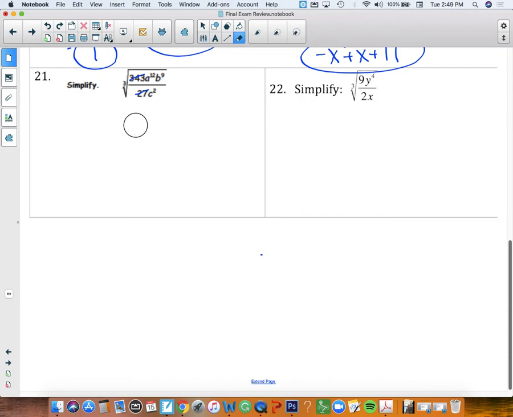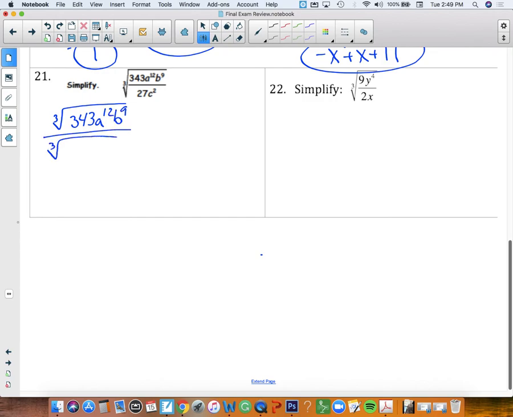Oh, but we can do it a different way rather than simplifying on the inside first. Let's just take the cube root of the top and the bottom. That's the way that we should do this one, because we can split it up like that. Otherwise, we're going to end up rationalizing, which we don't like to do, which we might have to a little bit here. So the top, you're looking for 3 of a number. We get 7 out of the 343, and then we divide these by 3, and that works out to 9. So a to the 4th would be cubed, because that 9 divided by 3 is a cube.